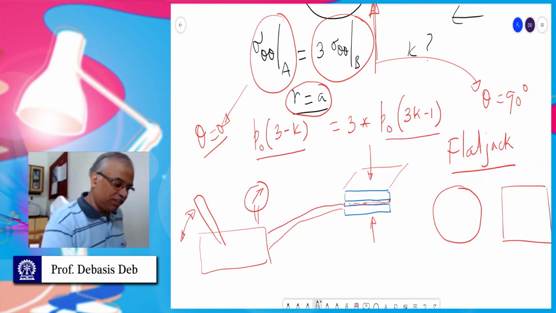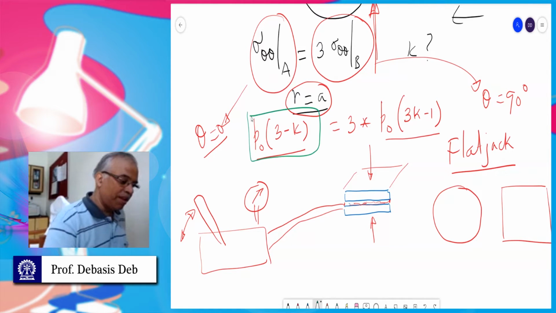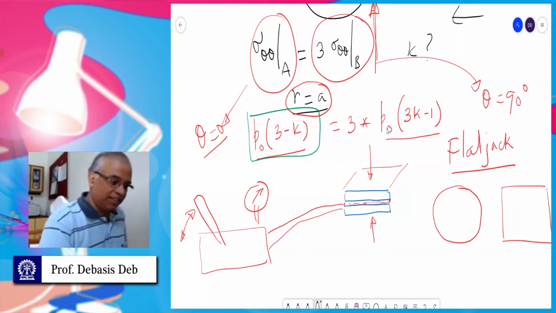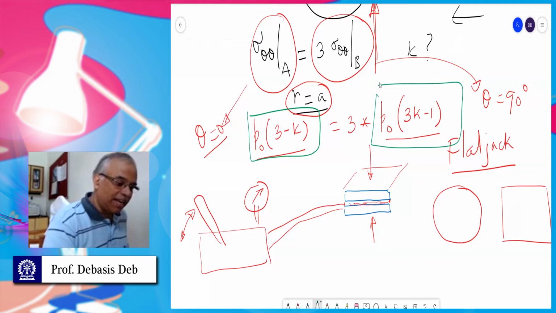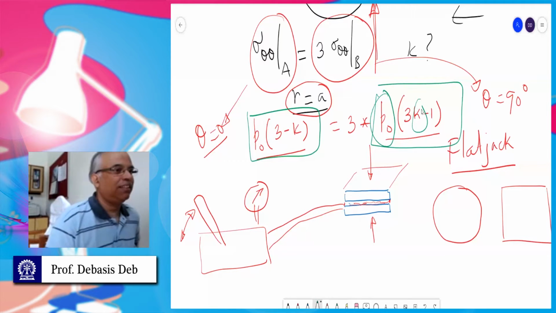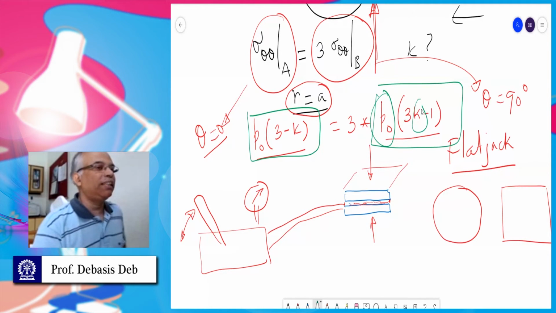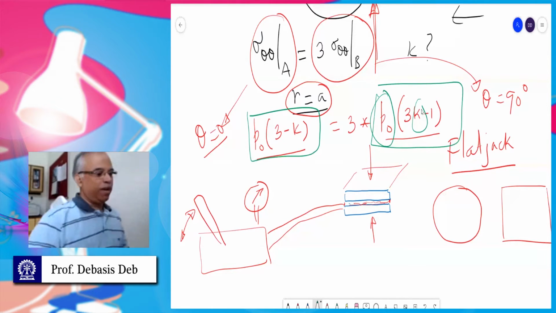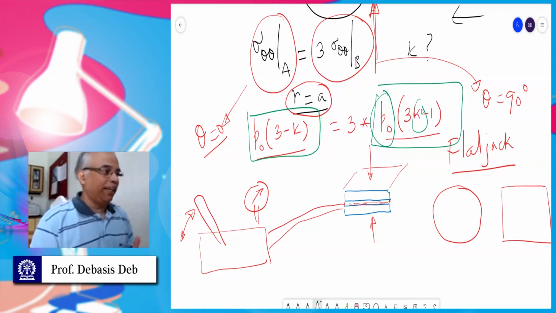This P naught into 3 minus K, this is the induced stress, and in situ stress is these two. So from the measurement of induced stress, we are calculating the parameter of in situ stress, when we are doing it from an opening.